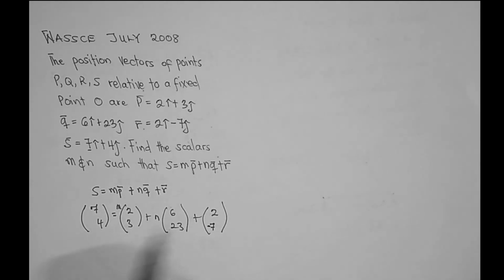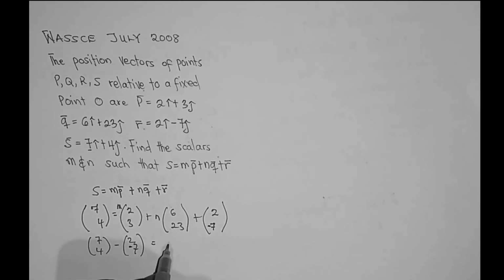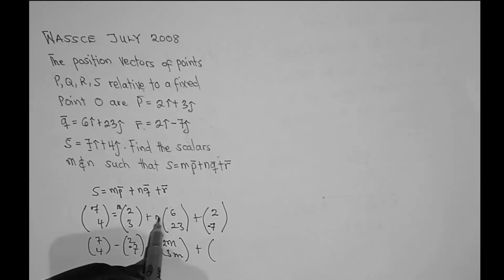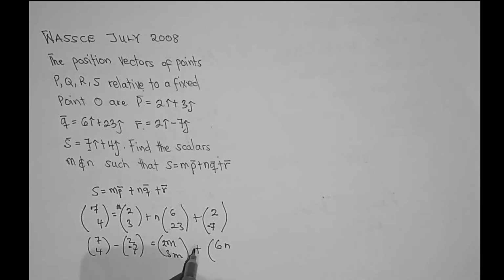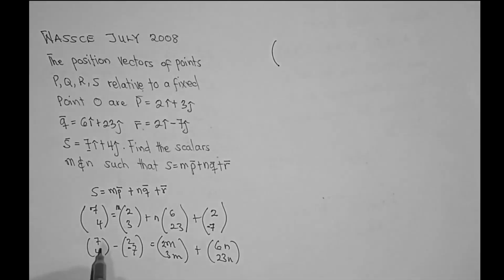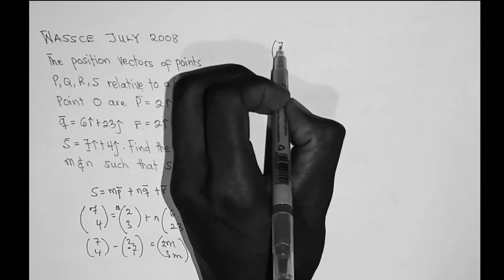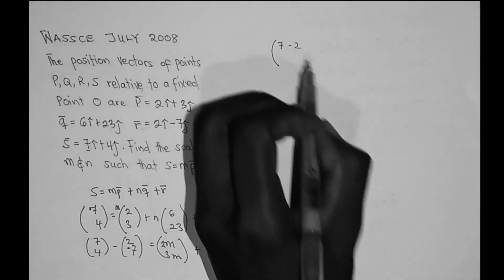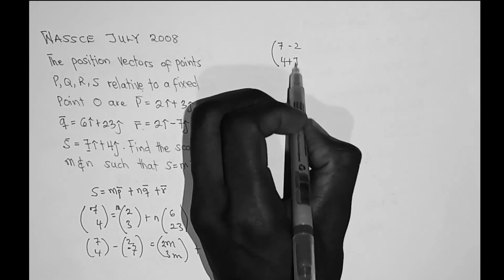I want to bring this column vector to the left hand side. It becomes 7, 4 minus 2, minus 7 equals m. So m times 2 is 2m. Then m times 3 is 3m. Plus n times 6 is 6n, and n times 23 is 23n. This is equal to, let's write all of this as a single vector, 7 minus 2, then 4 minus 7 is 4 plus 7.